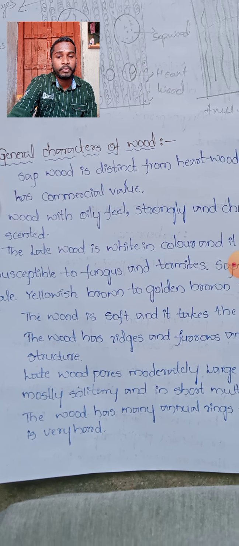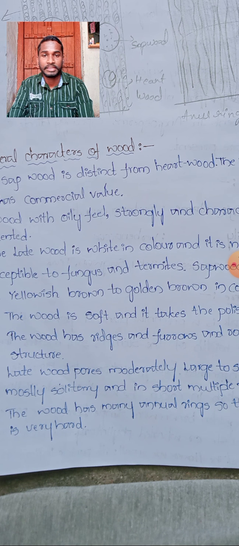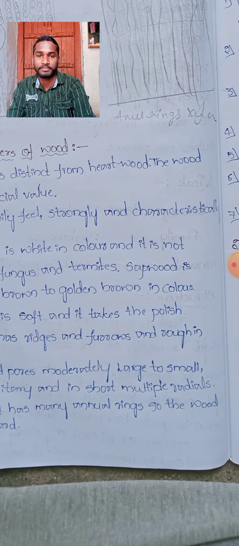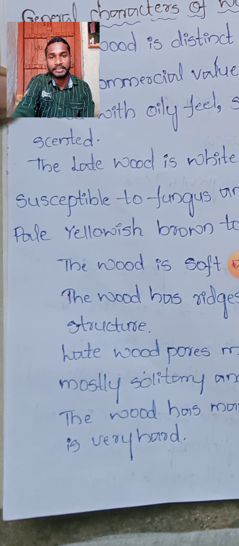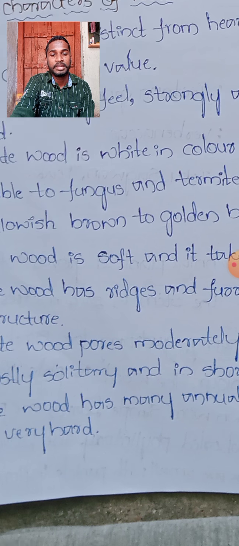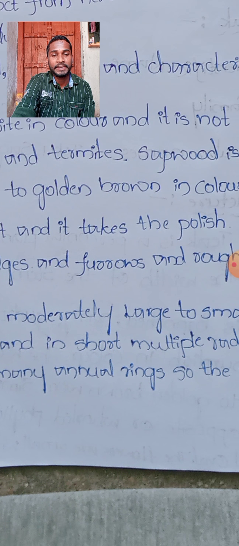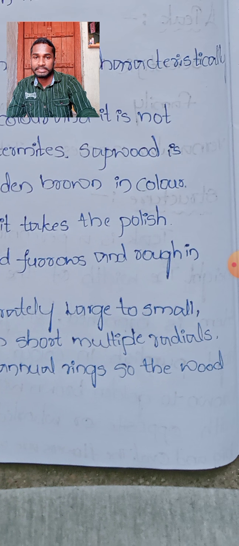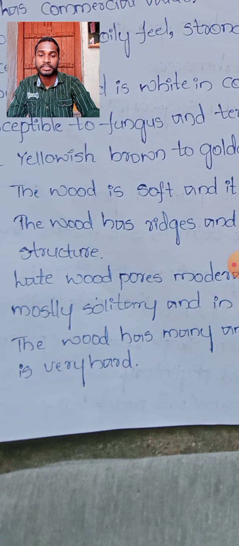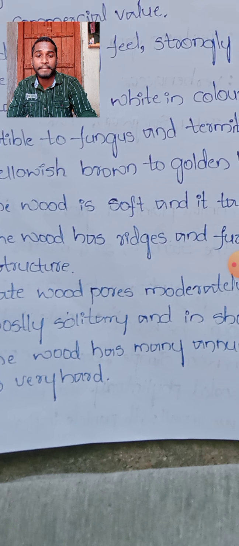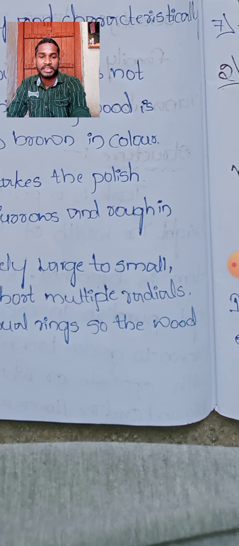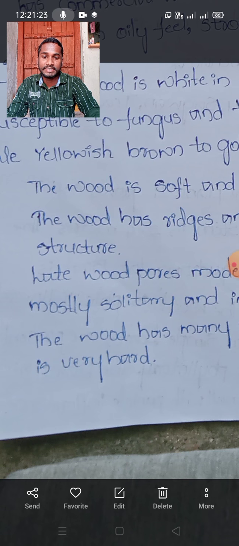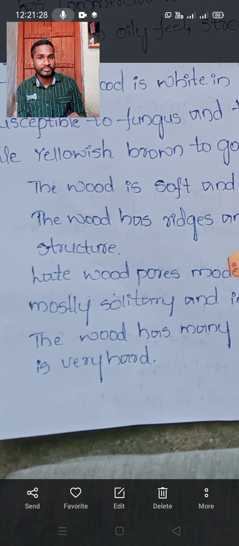Late wood pores are moderately large to small, mostly solitary, and in short radial multiples. Many annual rings are present. The teak wood is very hard.